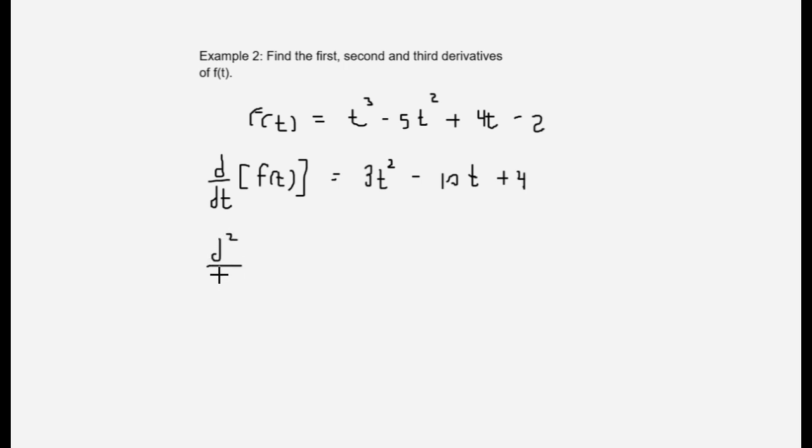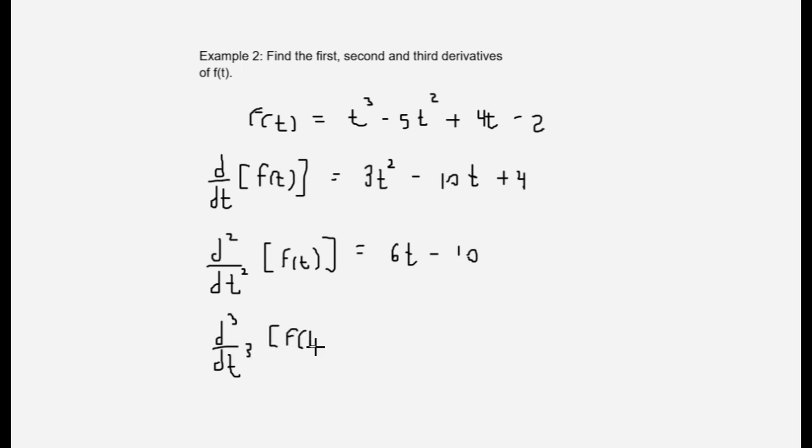We use this exponent-like notation. And this becomes 6t minus 10. And finally, the third derivative. So the 3 indicates the third derivative of f of t, which is 6 as well.